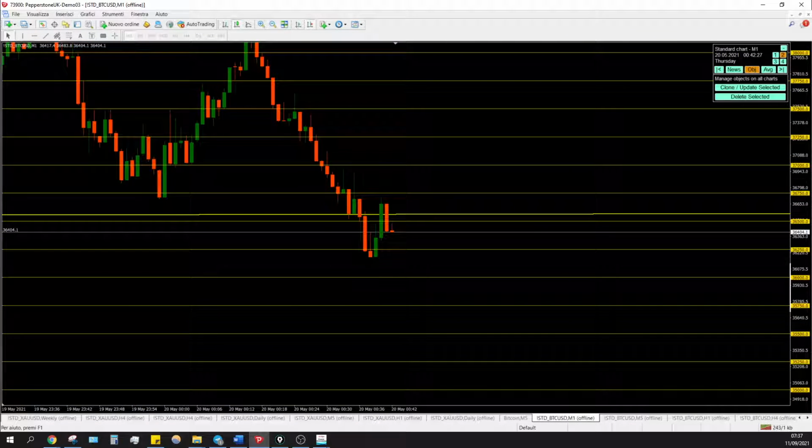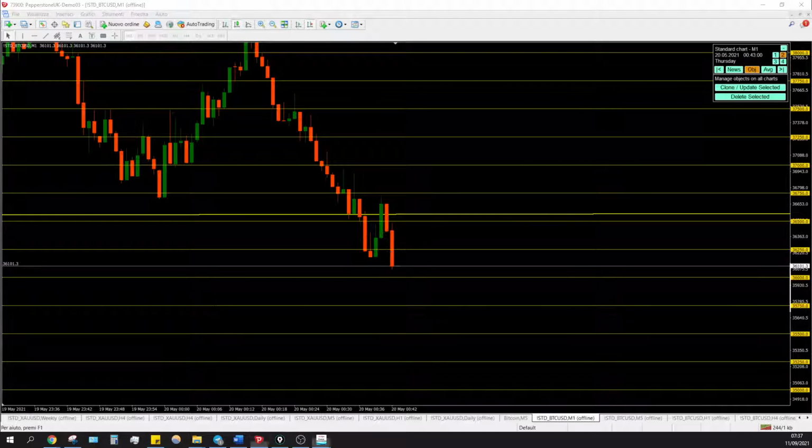Okay, so this candle closes very strong bearish, engulfing, as you can see, engulfs, even if not by far, but still engulfs the previous one.